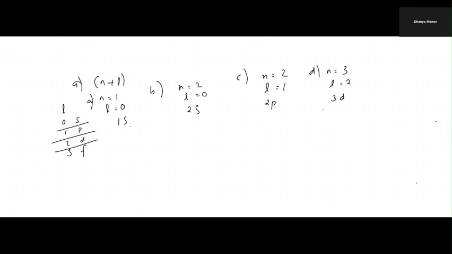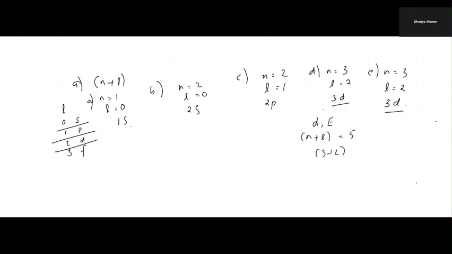Next one, n is 3 and l is again 2. That is also 3d. If we apply the n plus l rule, we see that D and E have the same n plus l value, which is equal to 5: 3 plus 2 is 5.